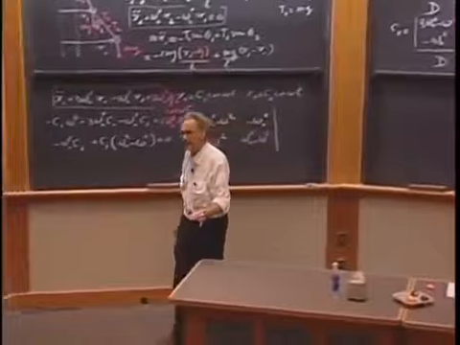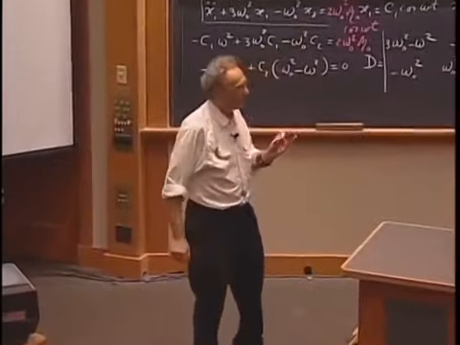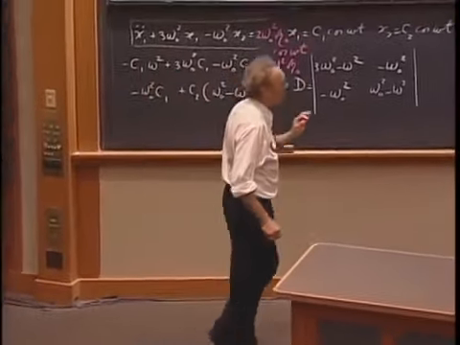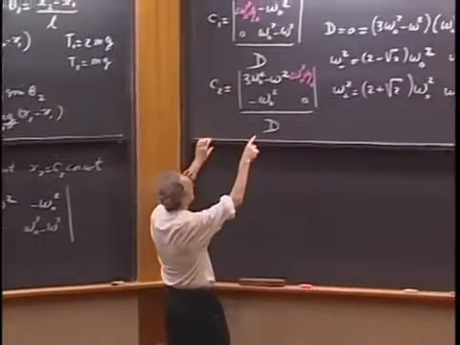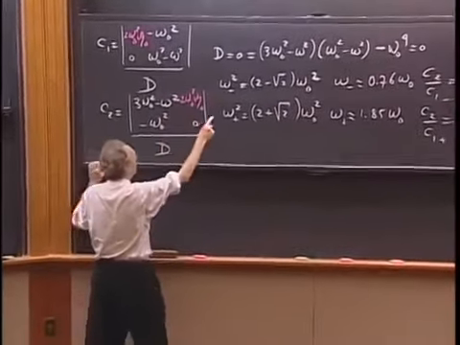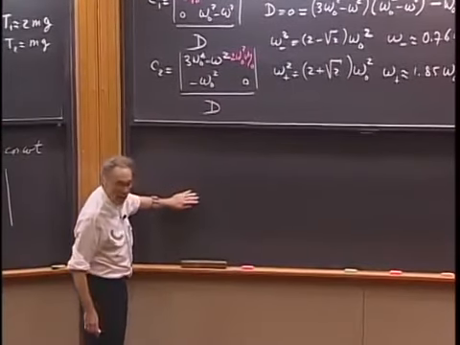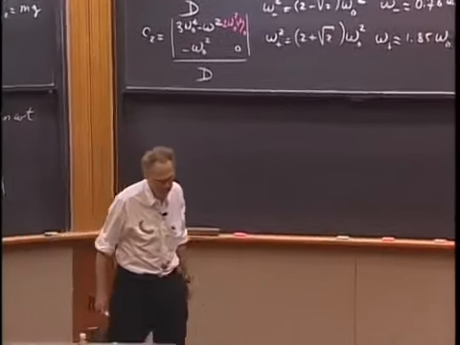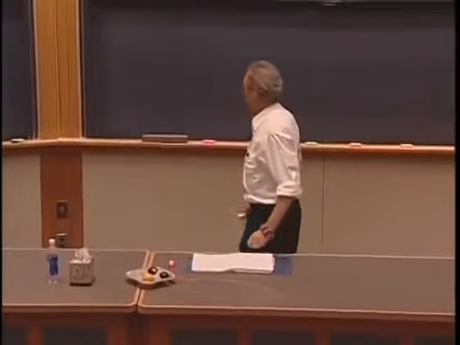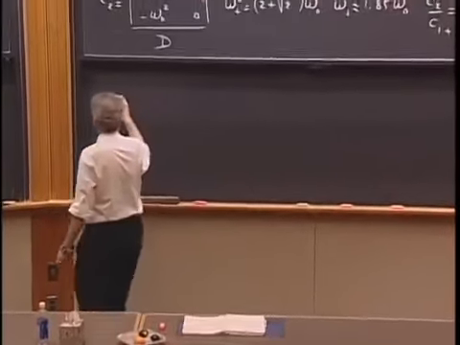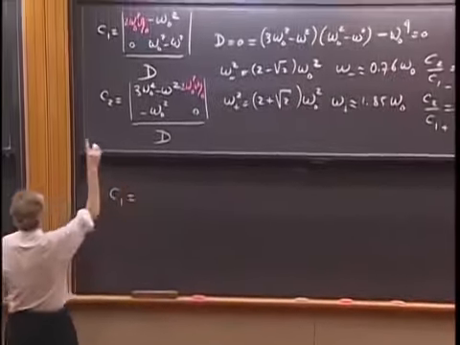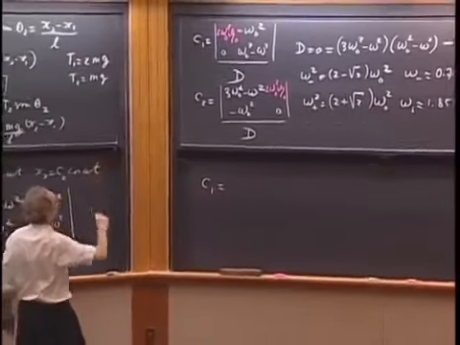Because omega is non-negotiable. Omega is now a known. When we solved this before, we were searching for an omega, and out came these omegas. That's not the case anymore. We know omega. It's called omega, and that's it. So I can write down now C1. So I take the determinant there of the upstairs.